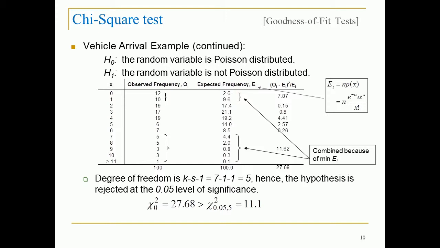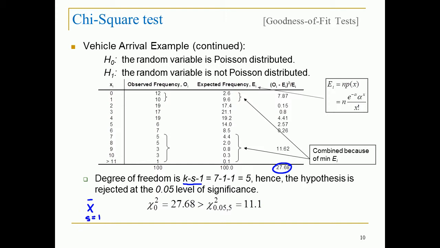And then we compute the observed chi-square, which is 27.68. We have to compute the degrees of freedom for this case. So remember, it's k minus s minus 1. Since we have an estimated value, which is x bar, in this test, s is going to be equal to 1.